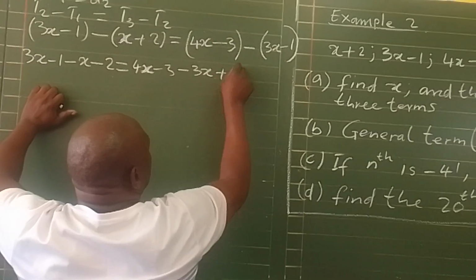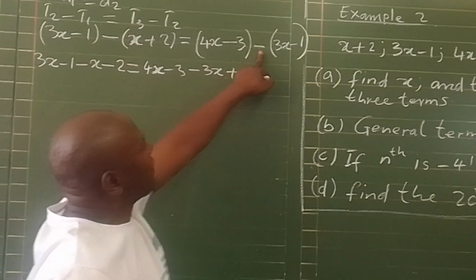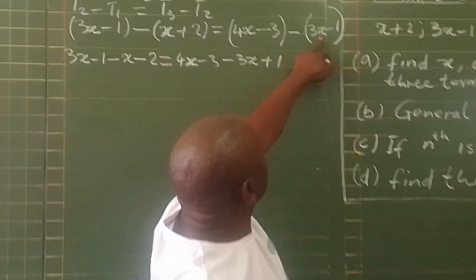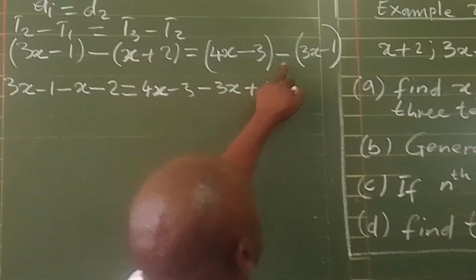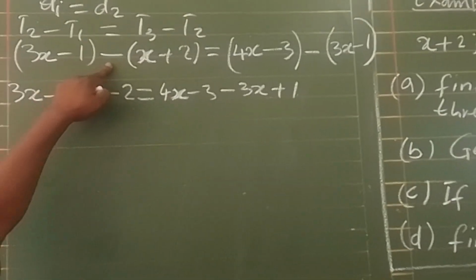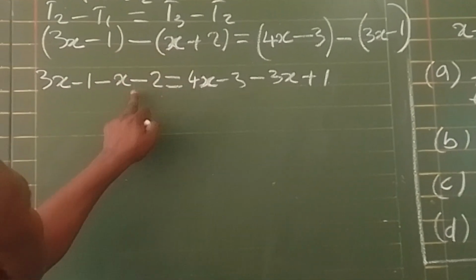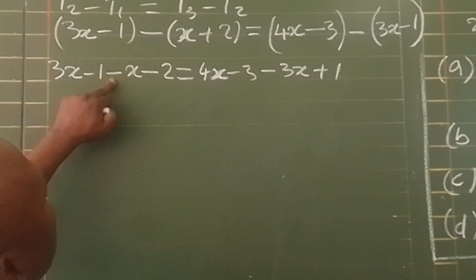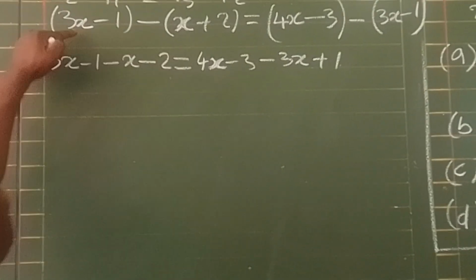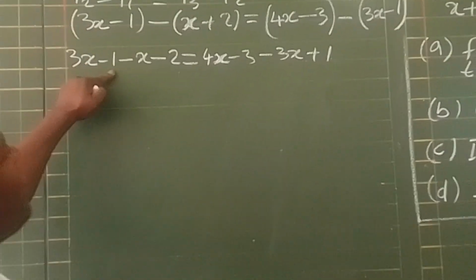minus 3x plus 1. Simply distribute minus 1, negative times 3x is minus 3x, negative times negative 1 is positive 1. Here, a negative times positive x is negative x, a negative times positive 2 is negative 2. Here you put 3x and minus 1 as it is.